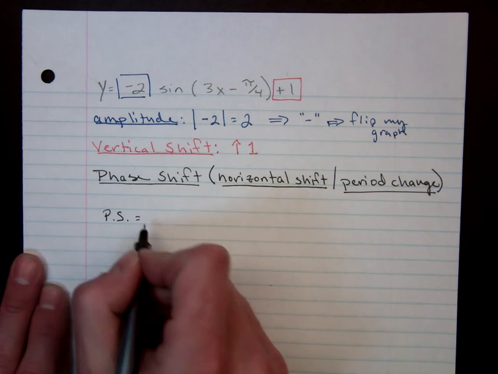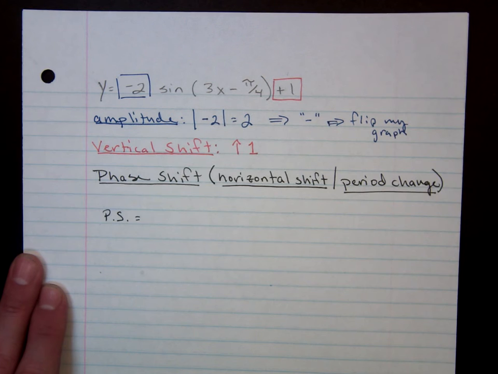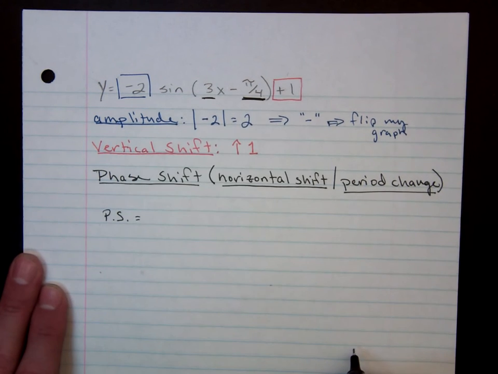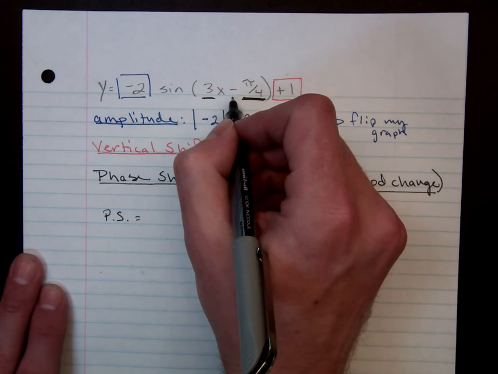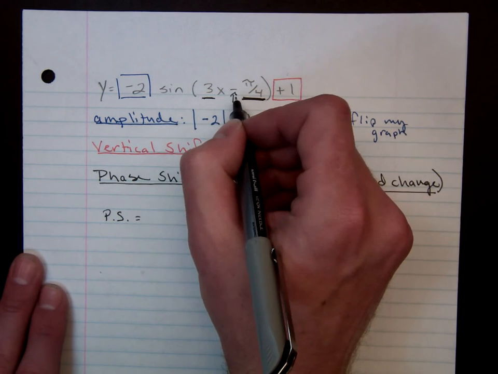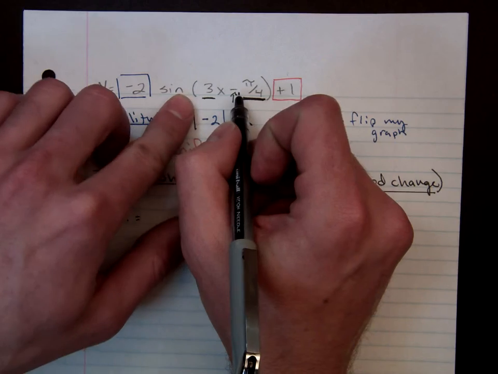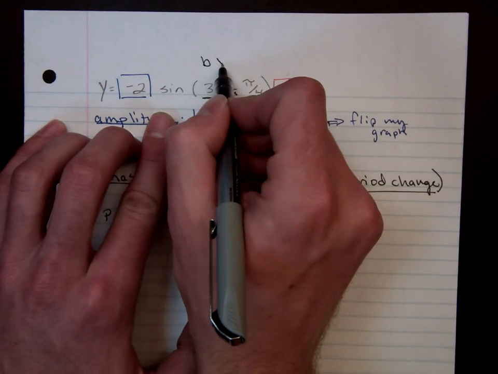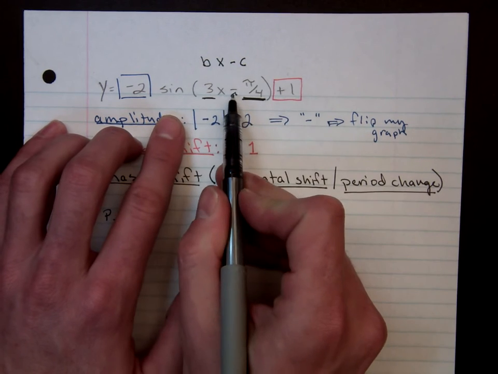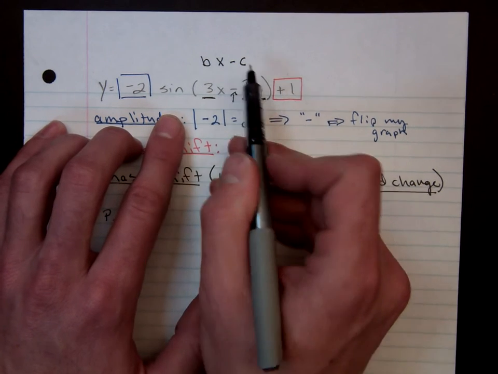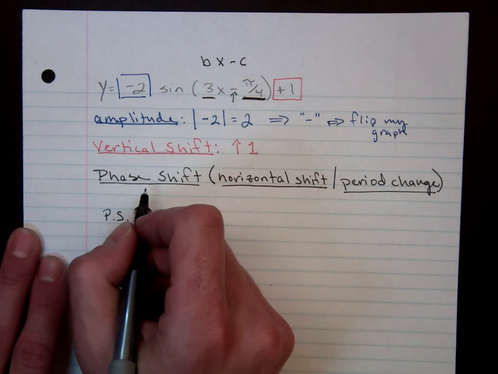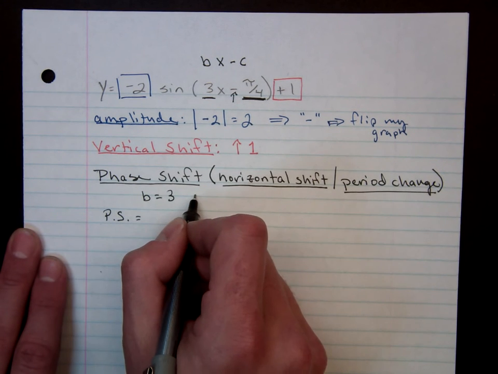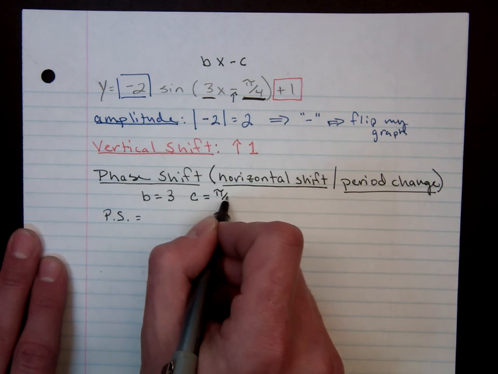The formula is that we take C, which is this term right here, and we divide it by B. Now, keep in mind that the actual formula is Bx minus C. So even though there's a subtraction sign in front of the pi over 4, that actually means that C is positive in this case. So we would have a B equal to 3 and a C equal to pi over 4.